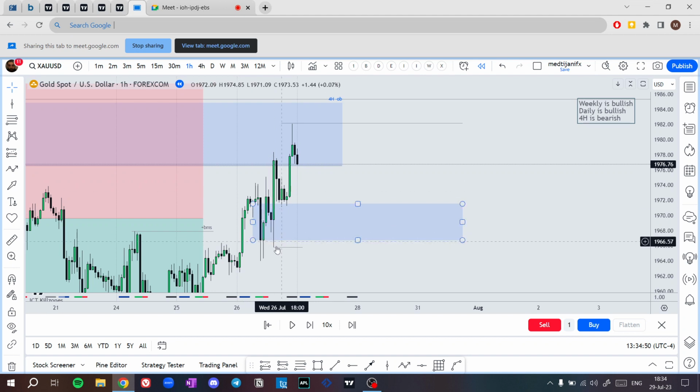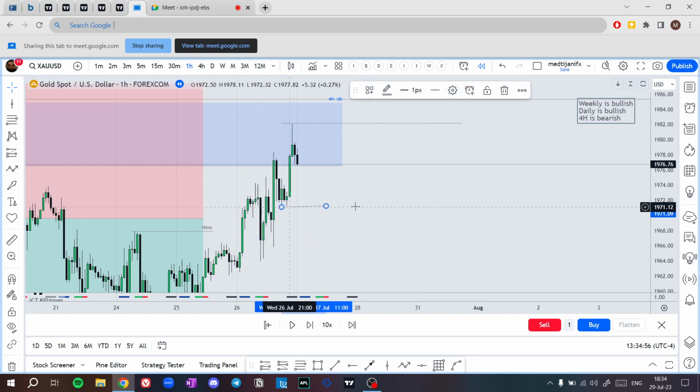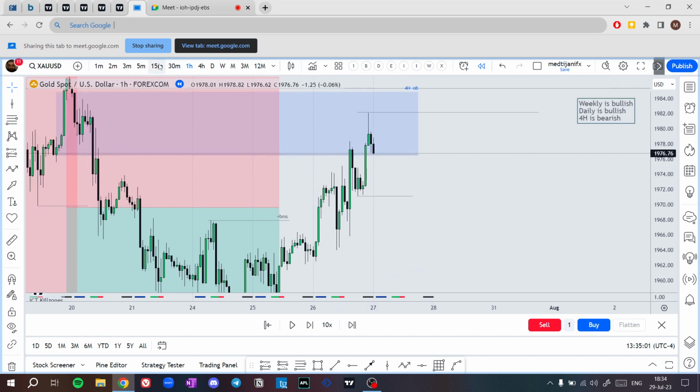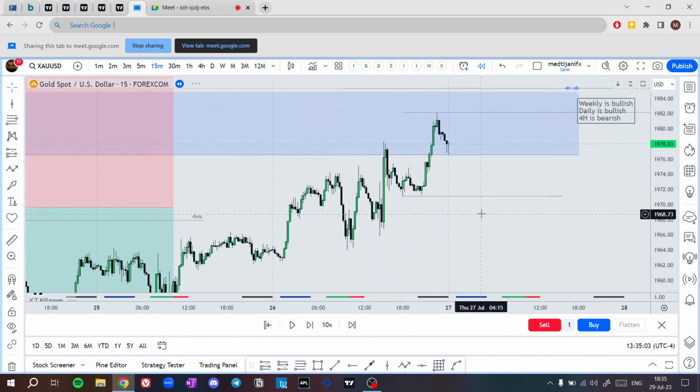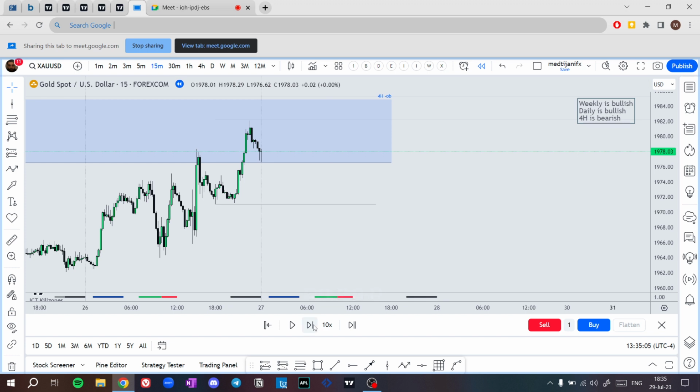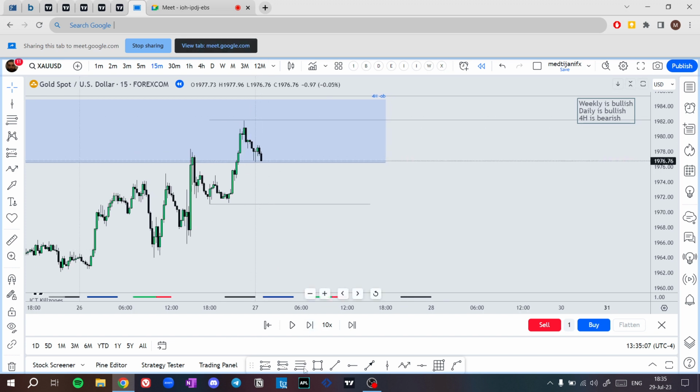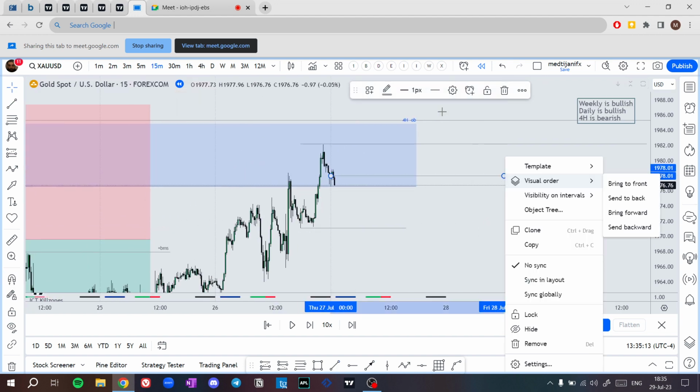Then we're going to confirm the sell. Now we want to see this low broken before selling. If price takes this low, then we have our confirmation. Now to be bearish, I want to see displacement below it. We have the daily open here, the midnight open, we could say.